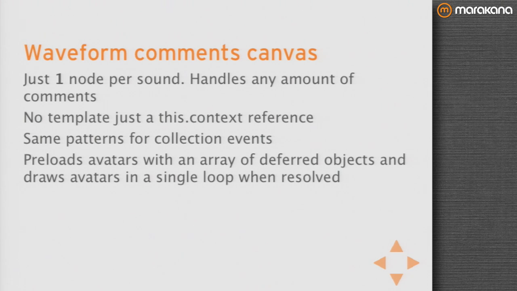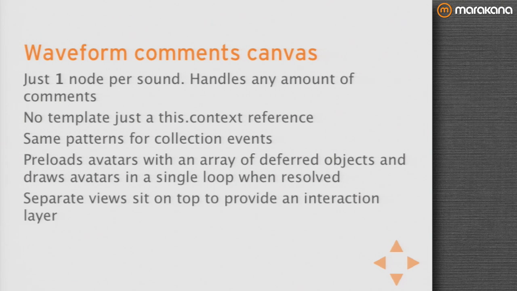So how it works, we just preload all avatars, create deferred objects for each one, and put them into an array. We have a when-all method. And so when all the comments are loaded, in a single quick loop, we write them out to the canvas.